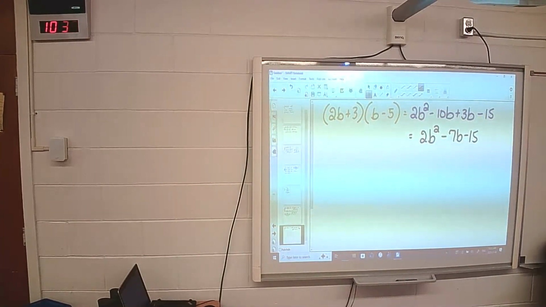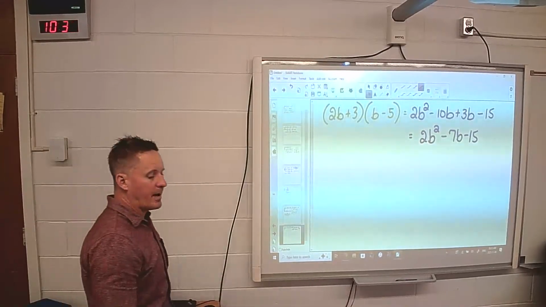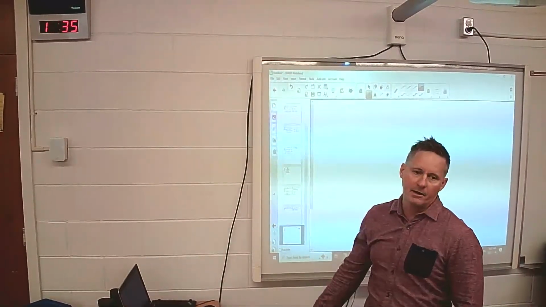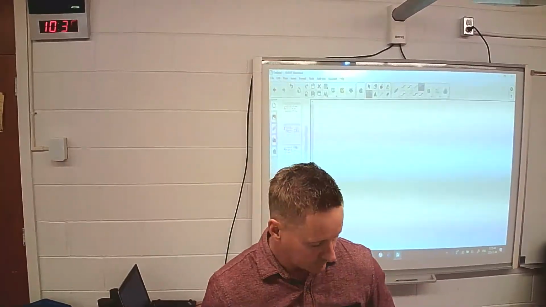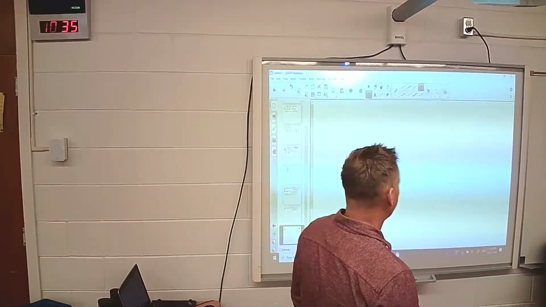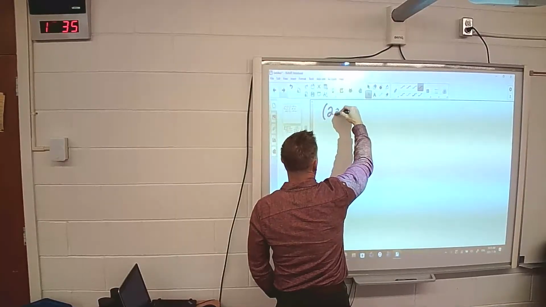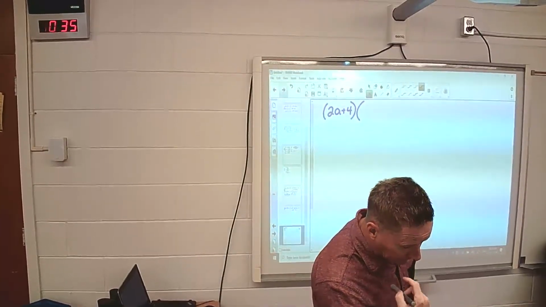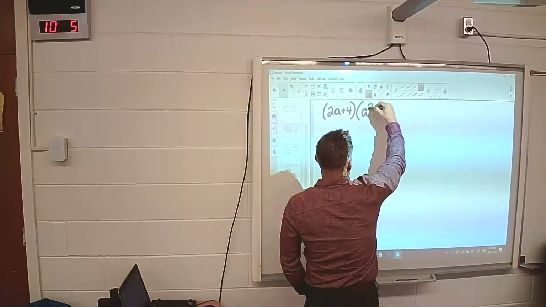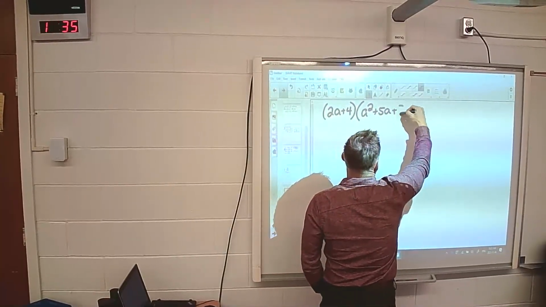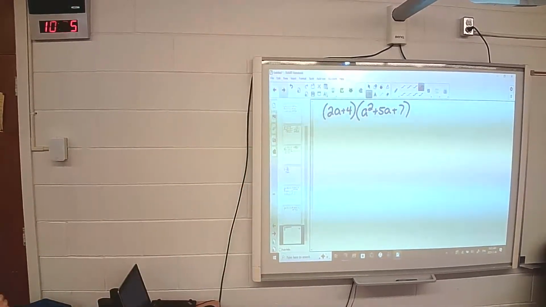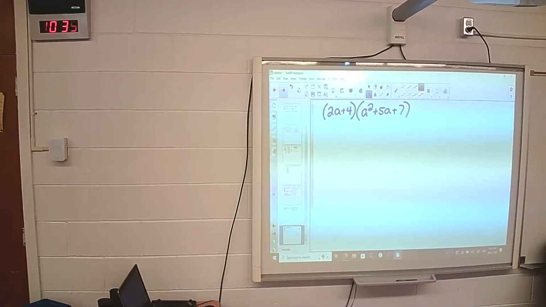Okay, so the last thing I need to show you today, we're going to go back to that stacking method because we're going to multiply a binomial by a trinomial now. So I have 2a plus 4 times a squared plus 5a plus 7. Again, you could use the second method, which is times 2a through the brackets, and then times 4 through the brackets, and then get it.